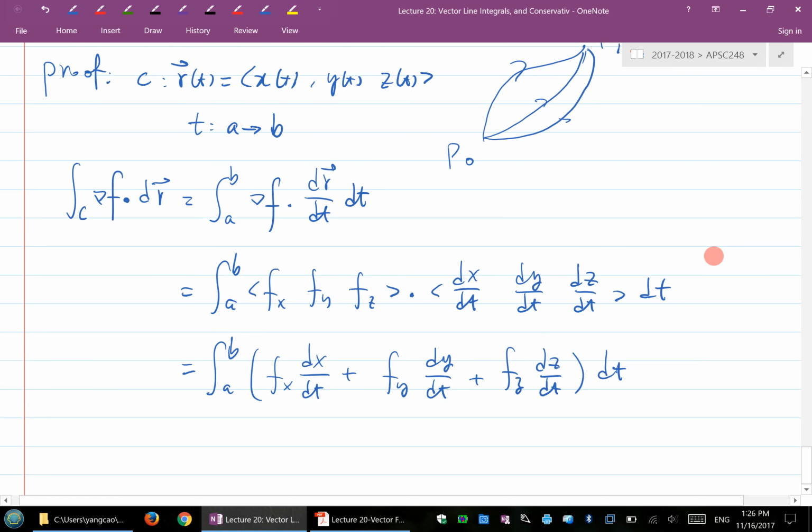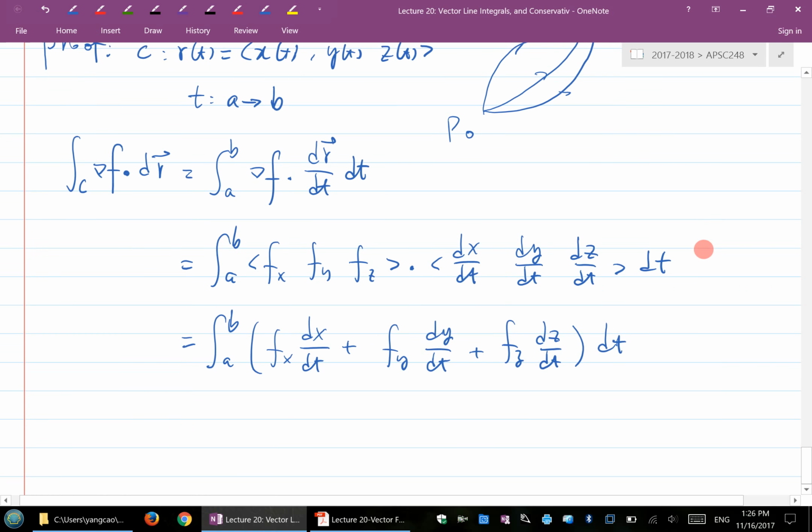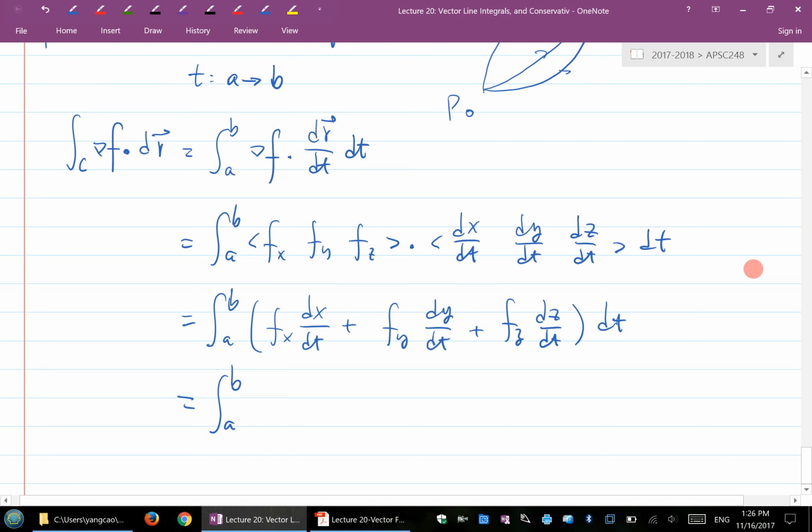Now look at this: if I multiply the dt into this bracket, what do I get? fx dx plus fy dy plus fz dz, right?